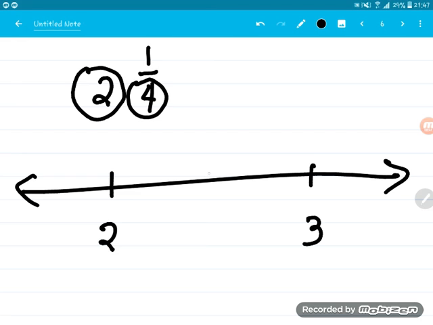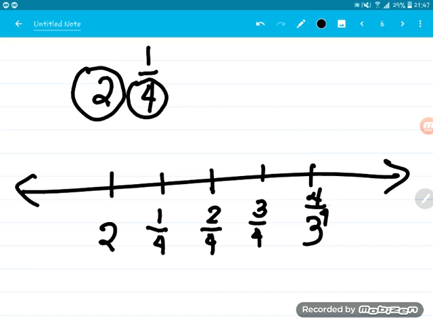We will divide this portion into 4 equal parts. So these are the marks. Okay, so this is the first part, second part, third part, and the fourth part. Again, how many parts do we have in all? We have 4. So we will just put it on the denominator part.